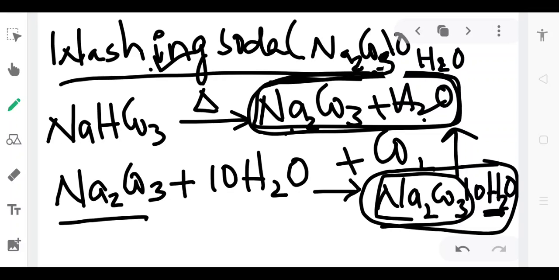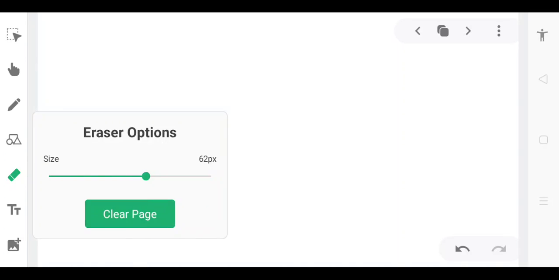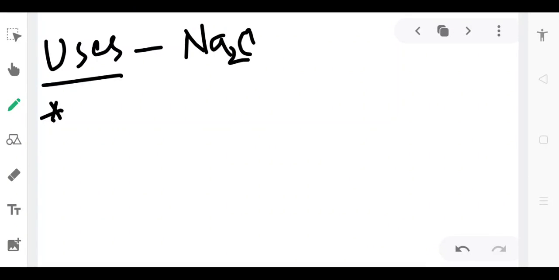So this is how washing soda is prepared. What are the uses of washing soda? First, sodium carbonate is used in glass, soap and paper industries.